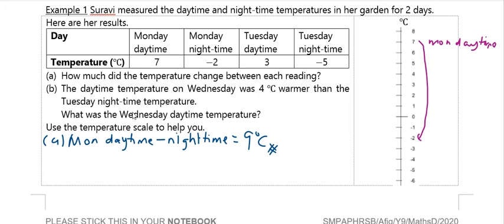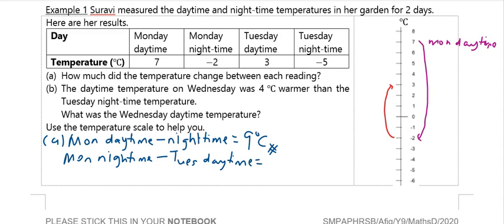And then next you will have from Monday nighttime to Tuesday daytime, so from -2 to +3. So here the change will be 1, 2, 3, 4, 5. So for Monday nighttime to the next day, which is Tuesday daytime, how many degrees is it?